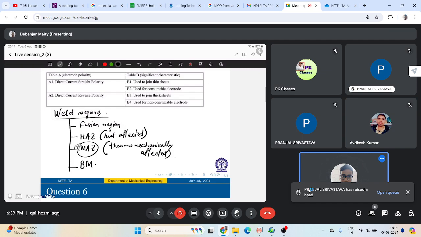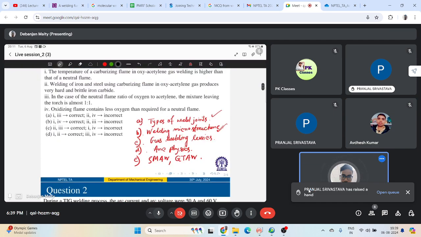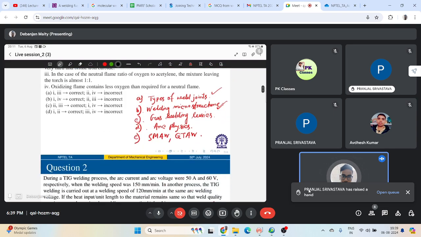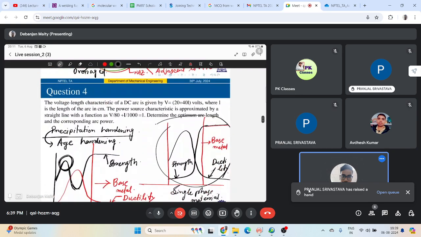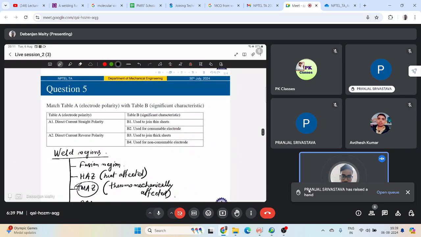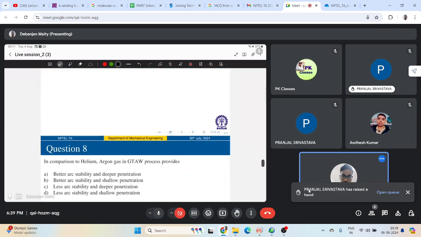Okay. So next we'll move to gas welding, a little bit on gas welding, different kinds of flames, what should be the ratio, what gases should be used, those aspects, and then maybe we will try to figure out questions from whatever have been covered.